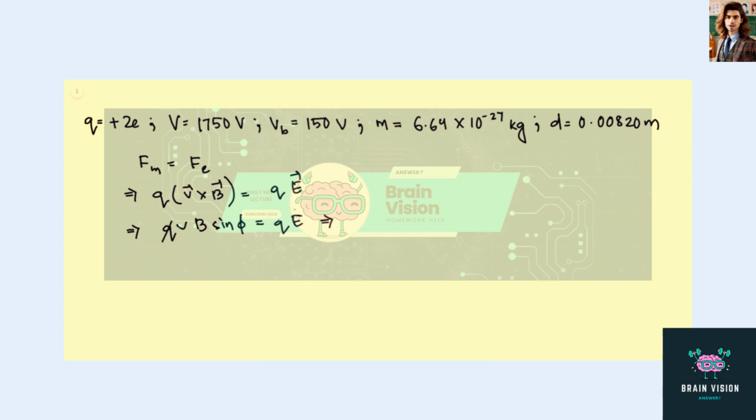So Q cancels out and phi is 90 degrees over here, so sine phi will just be equal to 1. This means that the magnetic field is electric field over the velocity of the alpha particle. So let's call this equation 1 that we will use later.